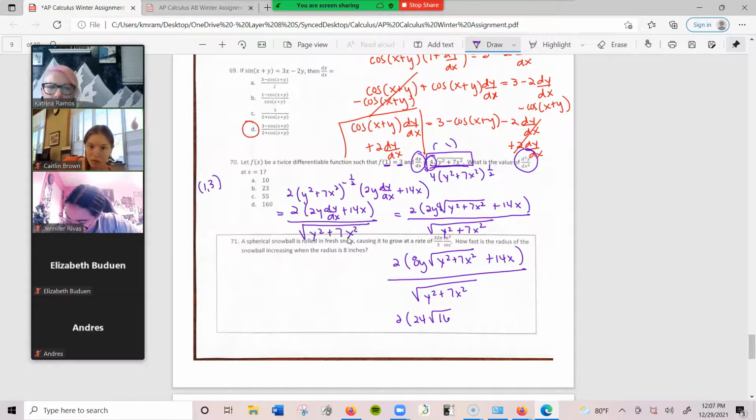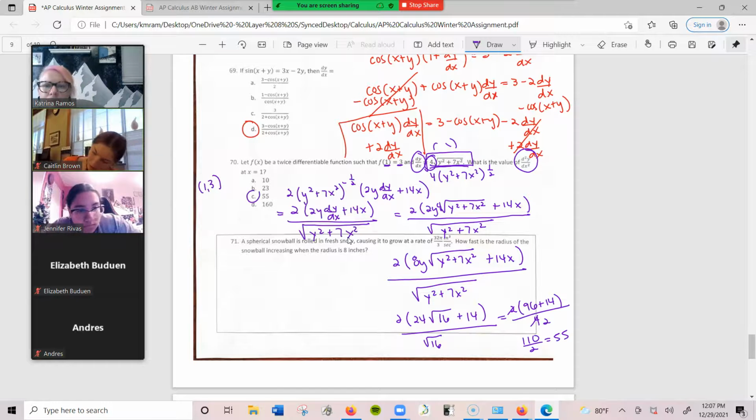This is still the same, which is 16 plus 14 all over square root of 16. So that's going to be 24 times 4, which is, why can't I think? 96 plus 14 all over 4. So this is 110 divided by 2, which is 55. There you go.